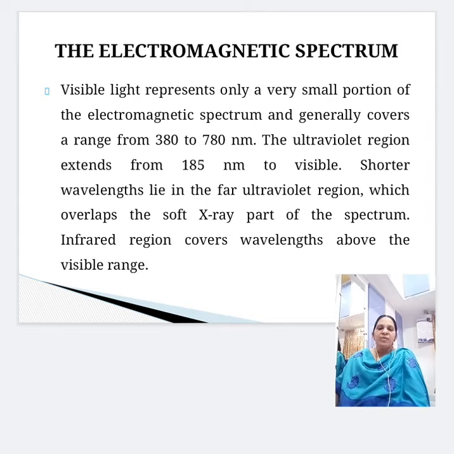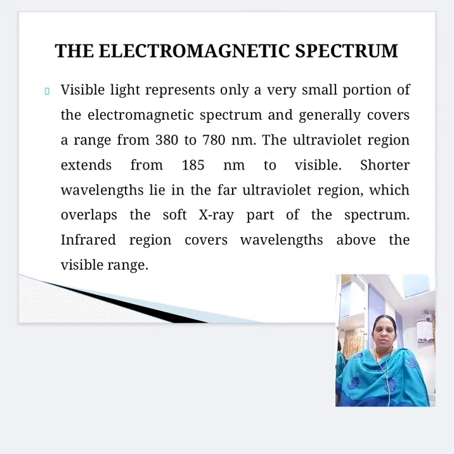When we come to the case of visible light, it represents only a very small portion of the electromagnetic spectrum, and it generally covers a range from 380 to 780 nanometers. The ultraviolet region extends from 185 nanometers to visible.